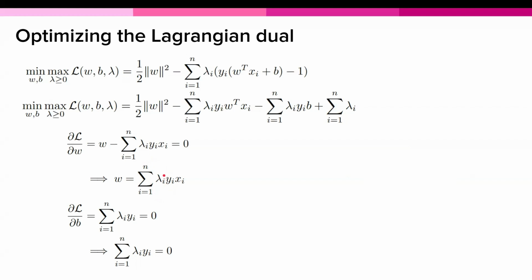So points that are far away from the decision boundary, that aren't actively enforcing the constraint, are not going to play a role in determining this weight vector. And the points for which lambda is greater than 0, we have a special name for them: support vectors.